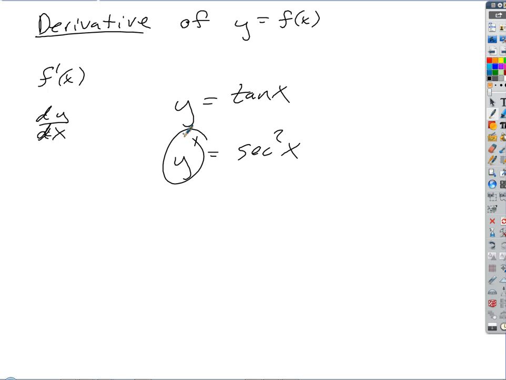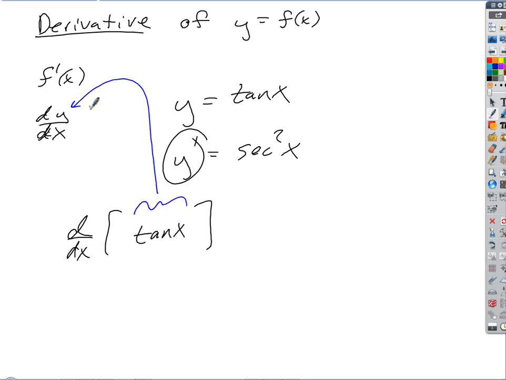You could also say the derivative with respect to x of something, and then it's like saying this is my y. So say I said derivative with respect to x of tangent x. Well then tangent x is just my y, right? See what I'm saying? And this would just be the same thing.